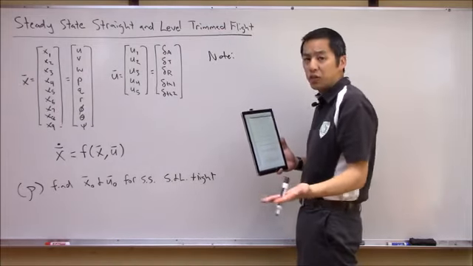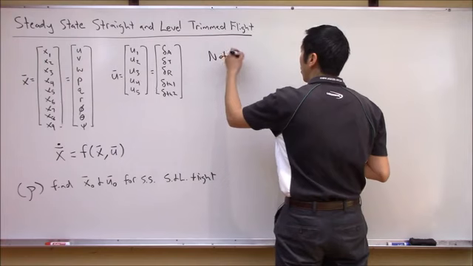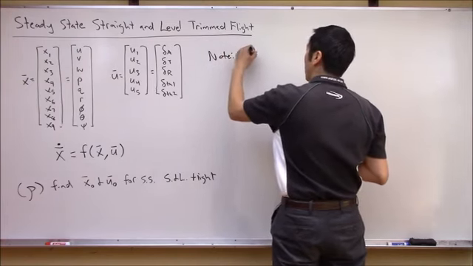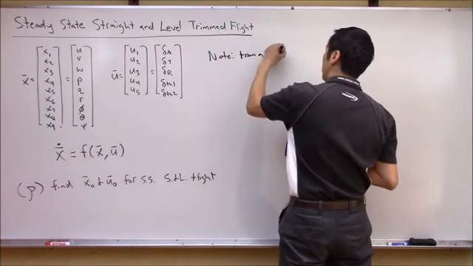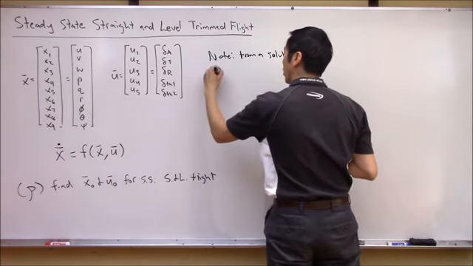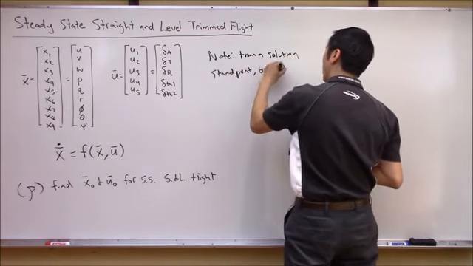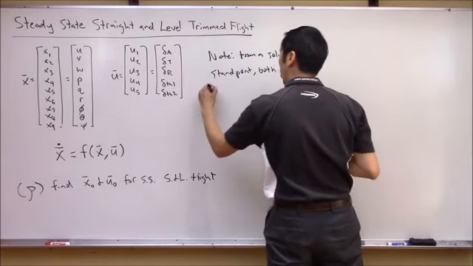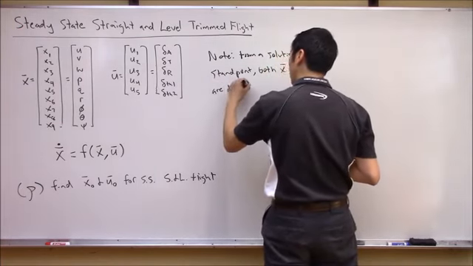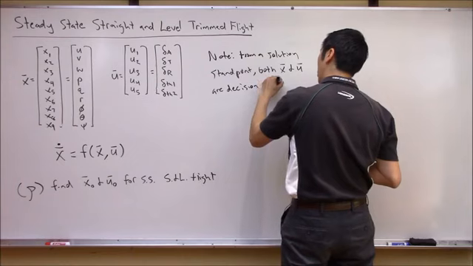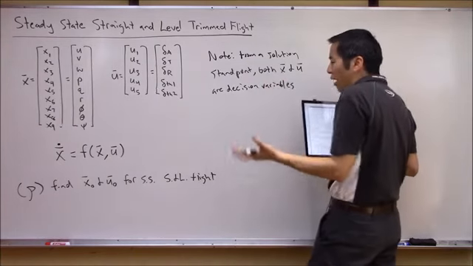They're decision variables. So note, from a solution standpoint, both x and u are decision variables, or degrees of freedom, however you want to think about them.